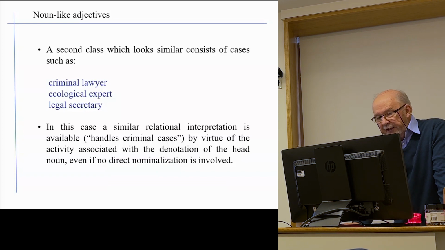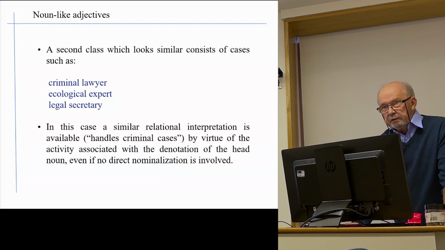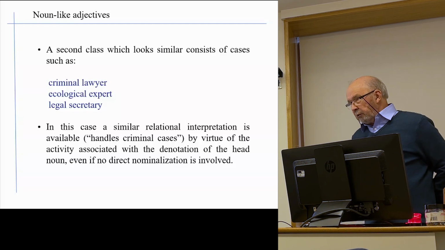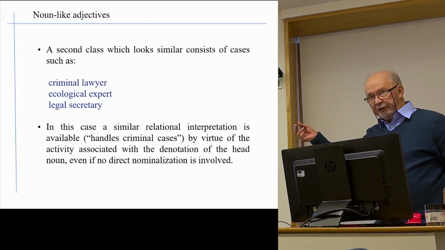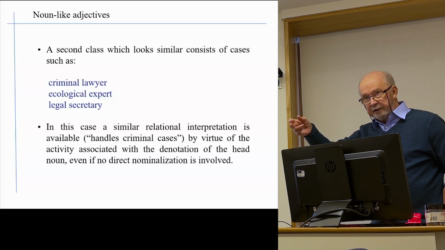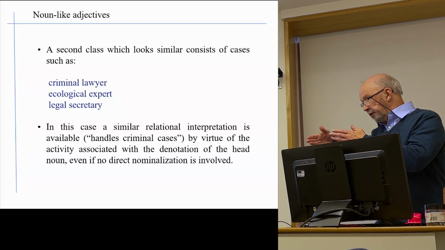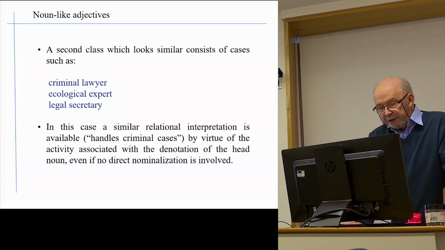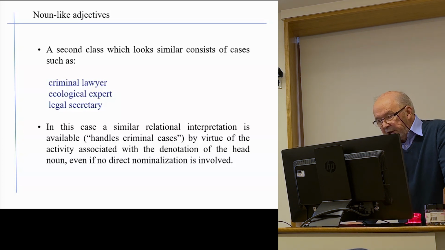A second class then looks similar, and that consists of cases like criminal lawyer, ecological expert, or legal secretary, where you don't have advisor, where it's clearly related to the noun advice, and you've got the corresponding verb. But here, you seem to have a similar relational interpretation.